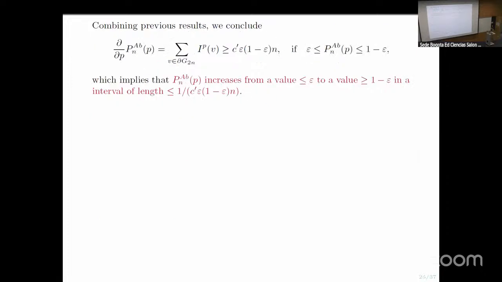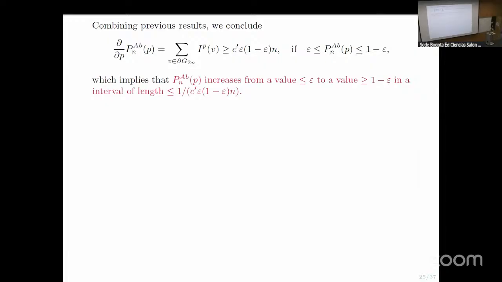Okay, so combining all these previous observations, what I can show is that the derivative with respect to p of the probability that Bob has a winning strategy is bounded from below by this quantity.